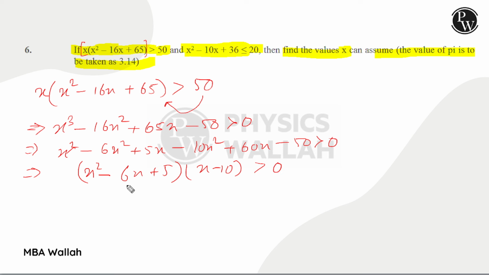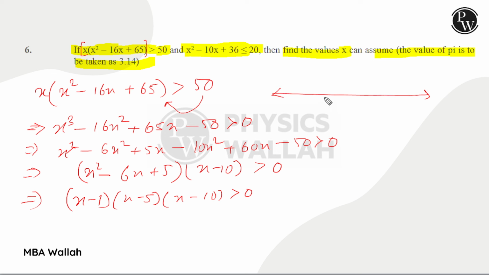Alright, now this is a very interesting idea: we just need two numbers, the product of which has to be 5 and the sum of which has to be minus 6. So it has to be minus 5 and minus 1. So the first part can be very easily factorized as x minus 1, x minus 5, and the next part is given itself as x minus 10 equals 0. Now let me make a diagrammatic representation to show where exactly we will find the values.